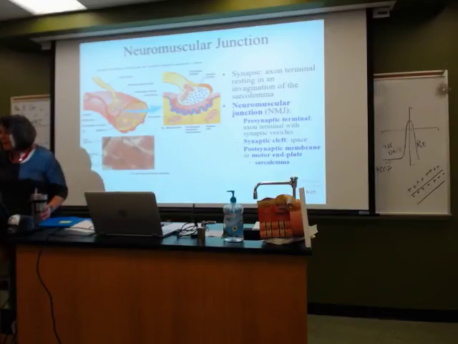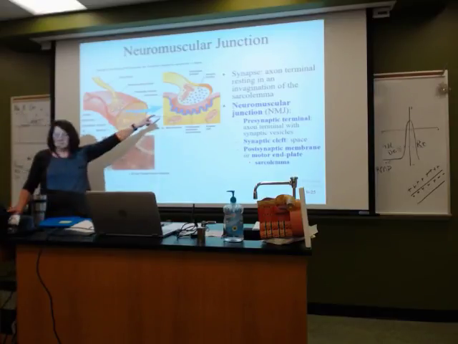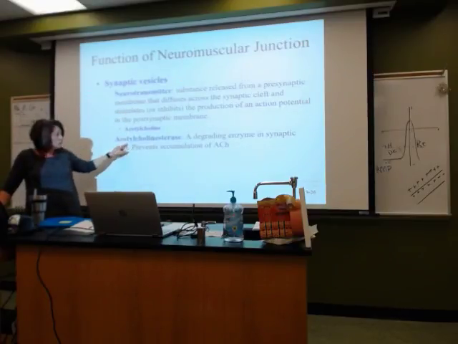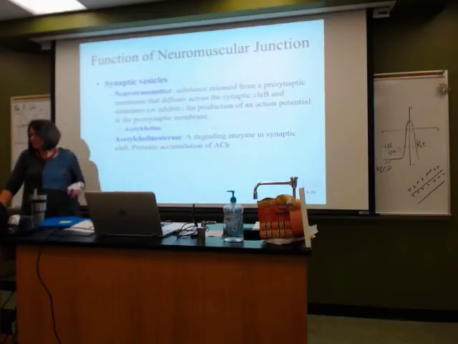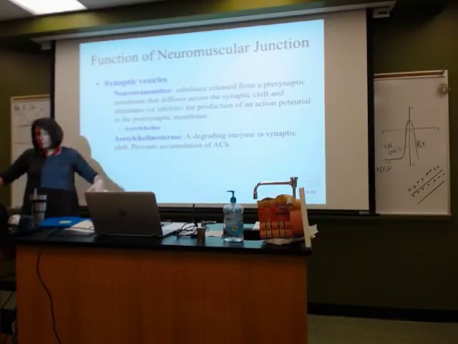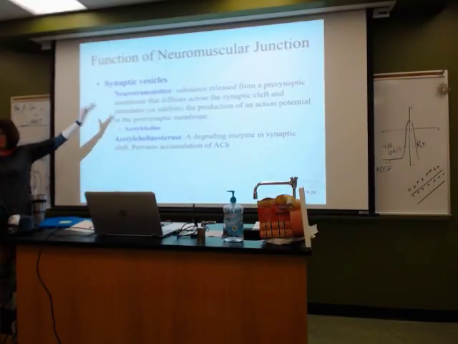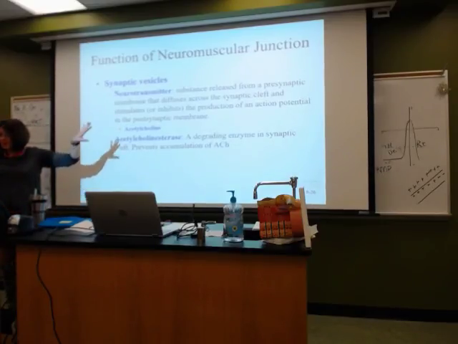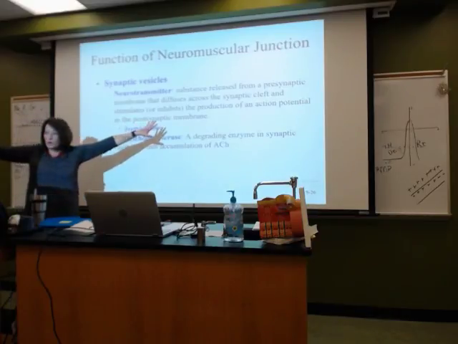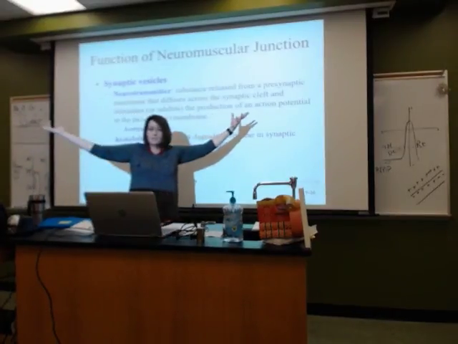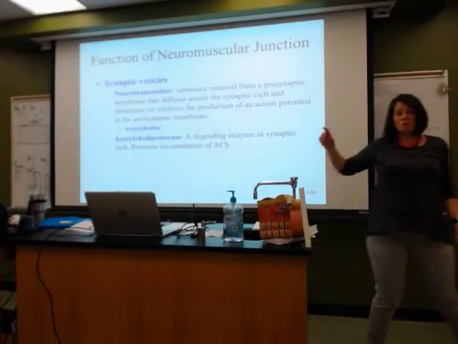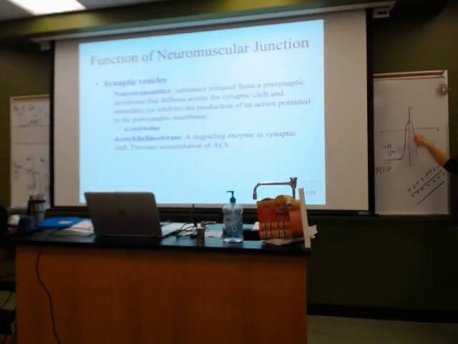So once we have the release of that neurotransmitter, the acetylcholine, and we open all of those gates and all of that sodium rushes in, and we now begin to have the effect on the voltage-gated channels, we're going to see those open up, sodium rush in, and we're going to go from being negative to positive.